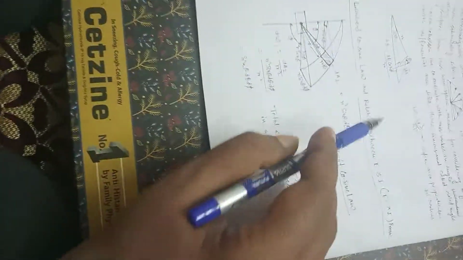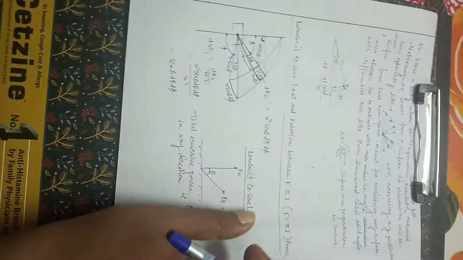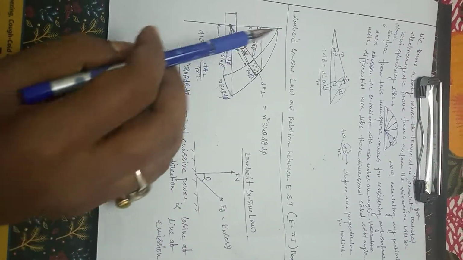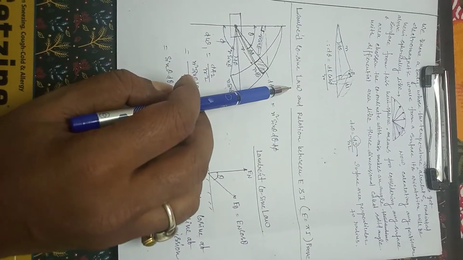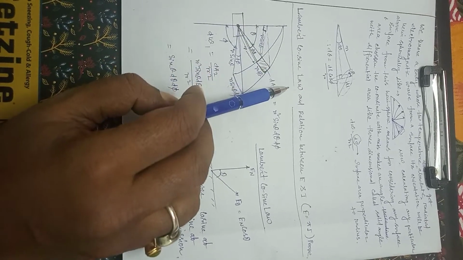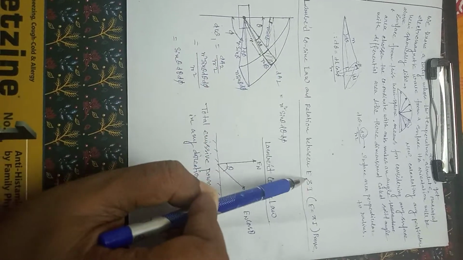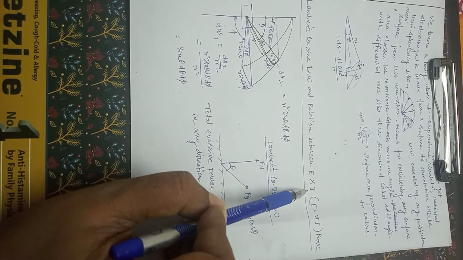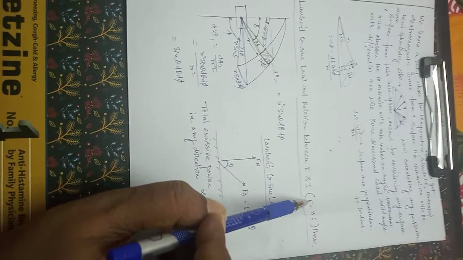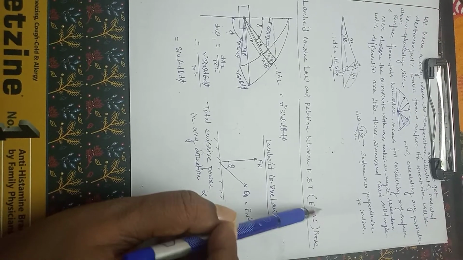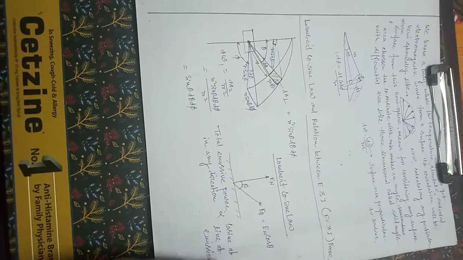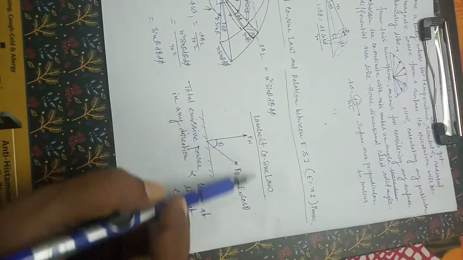Okay, it will be made clearer by Lambert cosine law. So look, Lambert cosine law, we want to learn Lambert cosine law, and we will discuss the relation between emissive power and the intensity, or proof, that emissive power is pi times the intensity. So what is the Lambert cosine law?